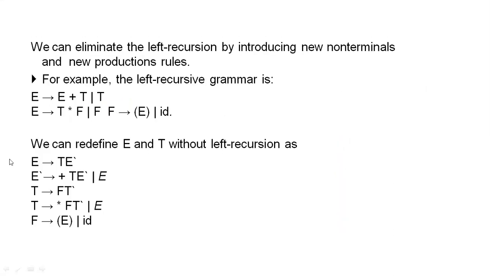This is the final modified grammar after eliminating the left recursive problem. F tends to a terminal, or F tends to ID. These two rules do not have any recursive problem, so we directly write those rules.